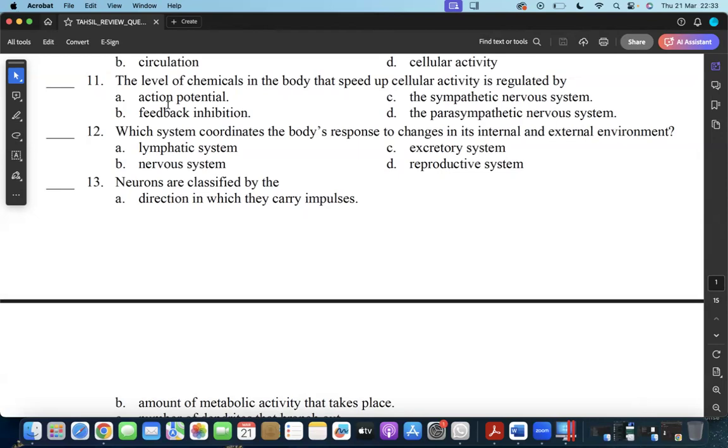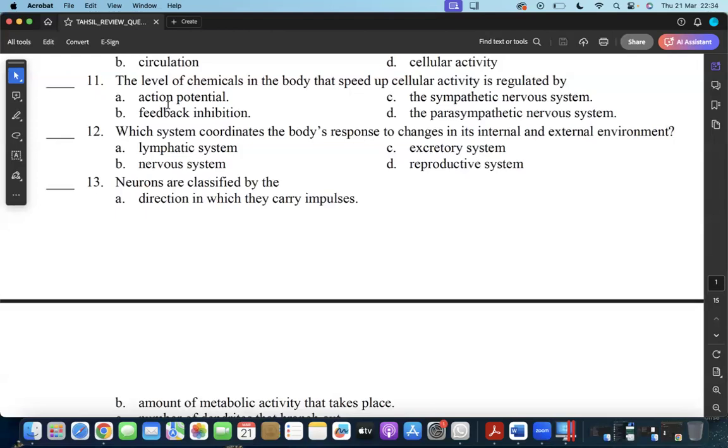So what regulates them? If you look at all the options given to you, action potential is related to the nervous system, whereby they release some signals which help to transport impulses from one nerve cell to another nerve cell.